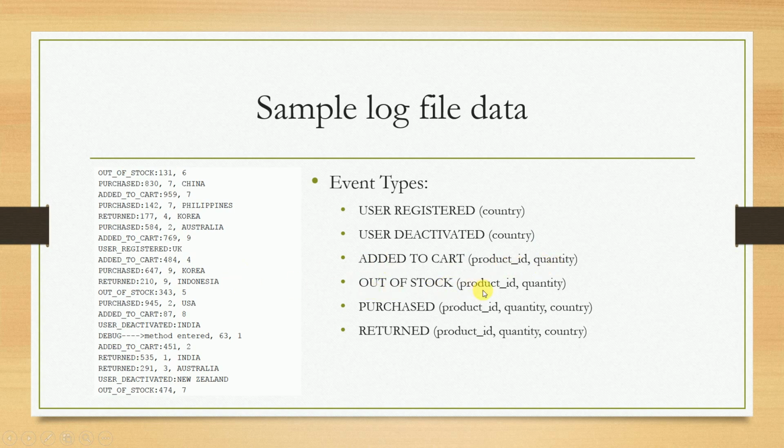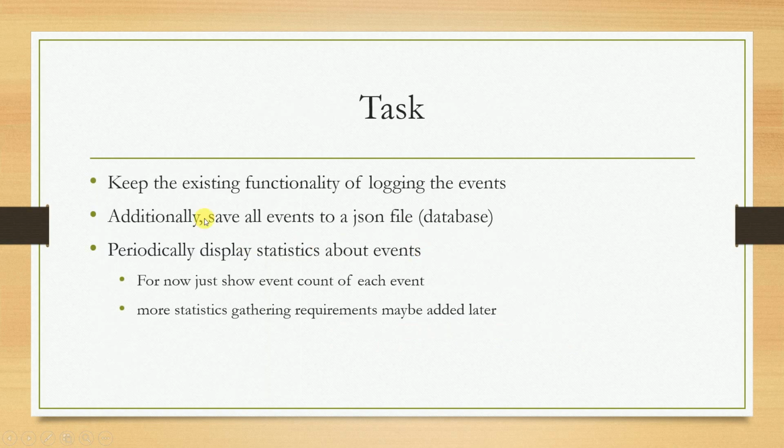Out of stock indicates that the product was tried to be added to the cart, but it couldn't be added because it's out of stock. And then purchased indicates that this product was purchased in this country, and returned indicates that this product was returned in this country.